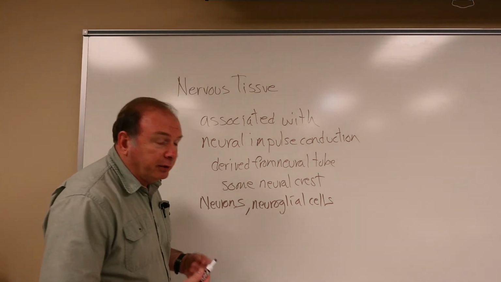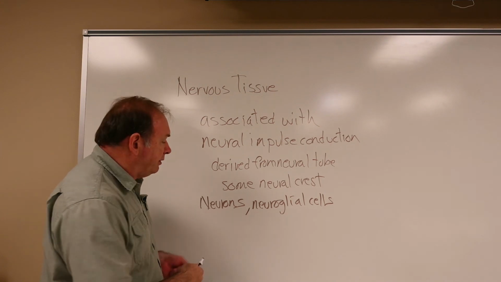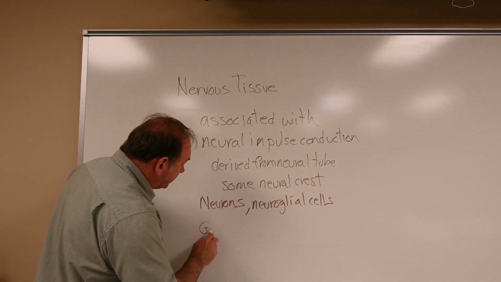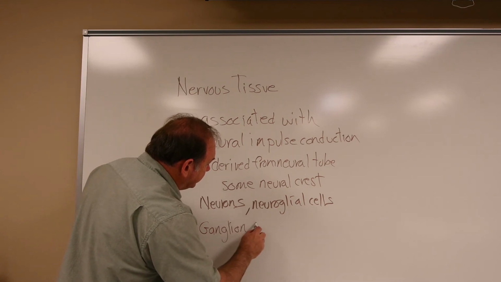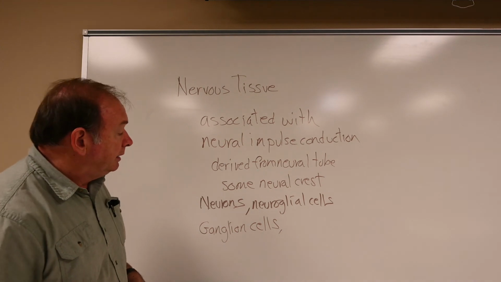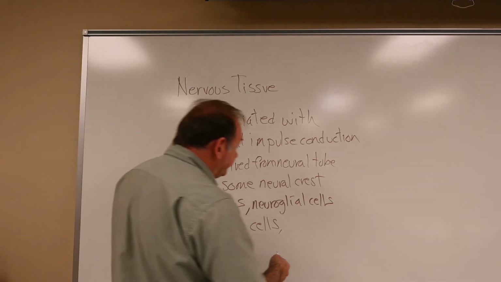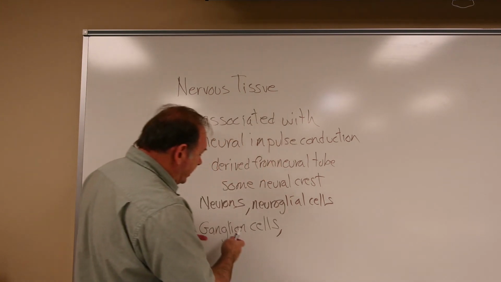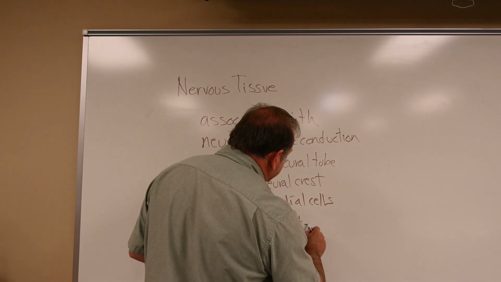Also in our peripheral nervous system, we have something similar to the neuron, and sometimes they're referred to as neurons. More technically, they're referred to as ganglion cells. So they function like neurons in the peripheral nervous system. And surrounding some of the ganglion cells, we have what are called satellite cells.